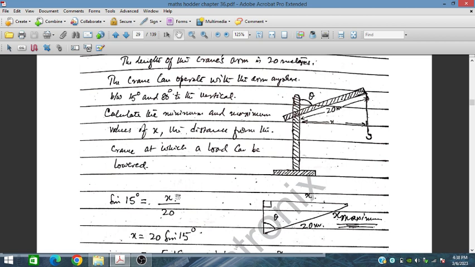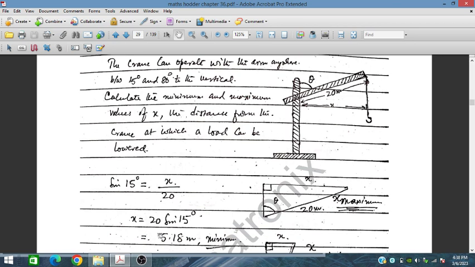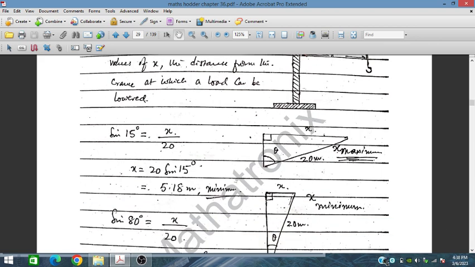Sine 15 degrees is equal to x upon 20, because x is opposite. So x is equal to 20 times sine 15, which is 5.18 meters. So the x value is 5.18 meters for 15 degrees.